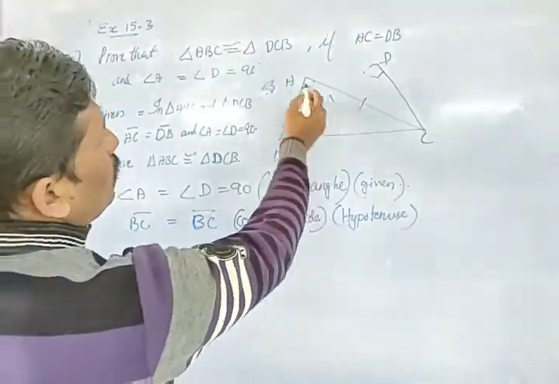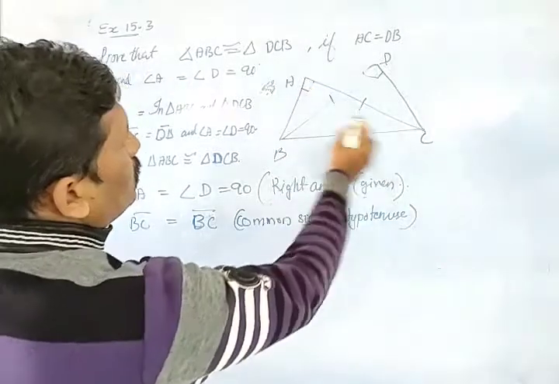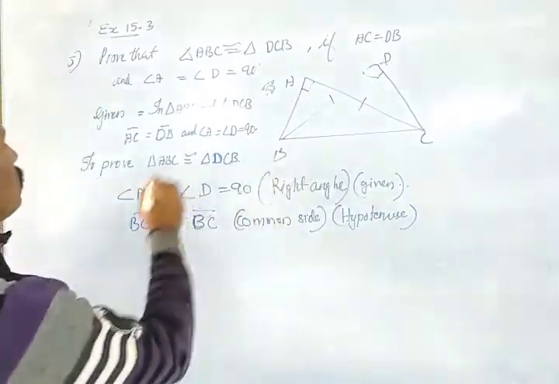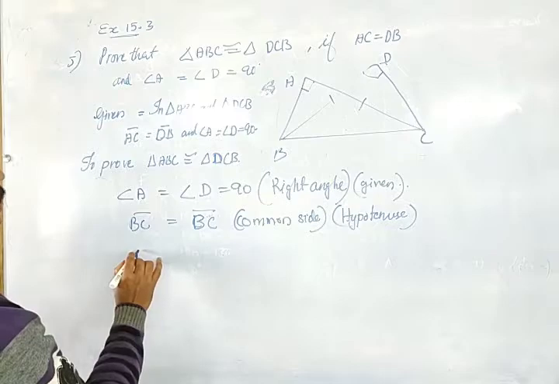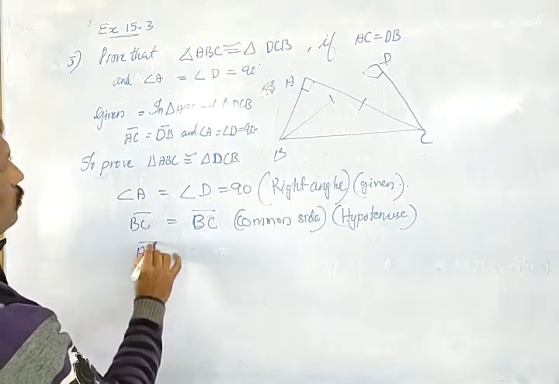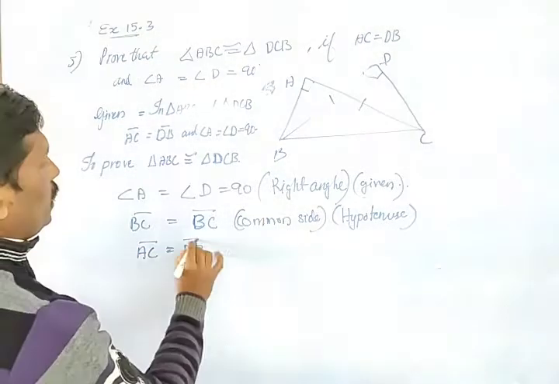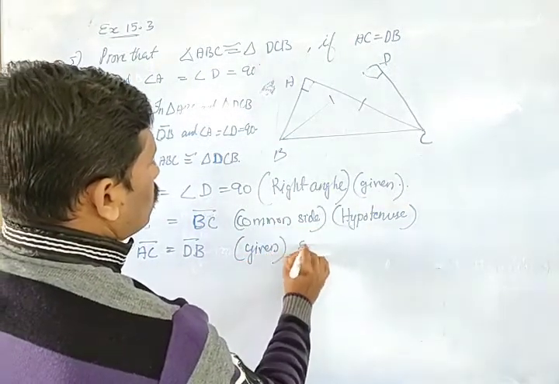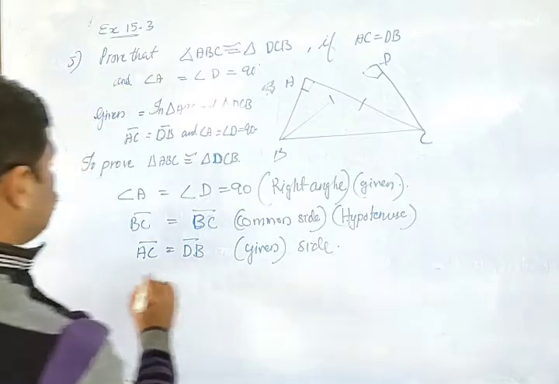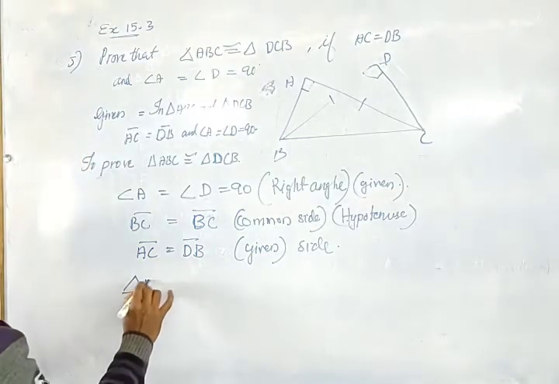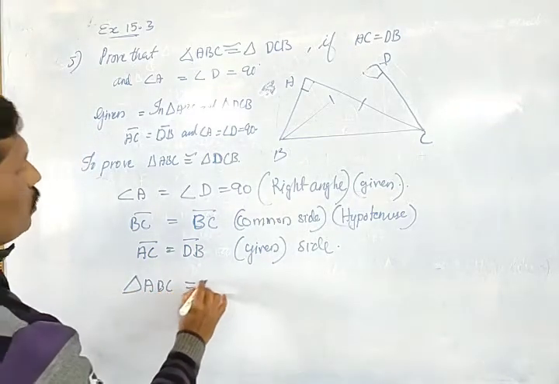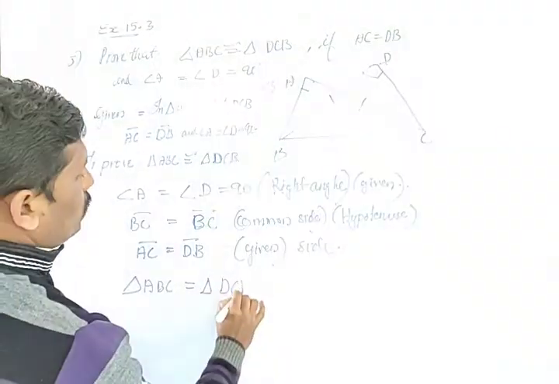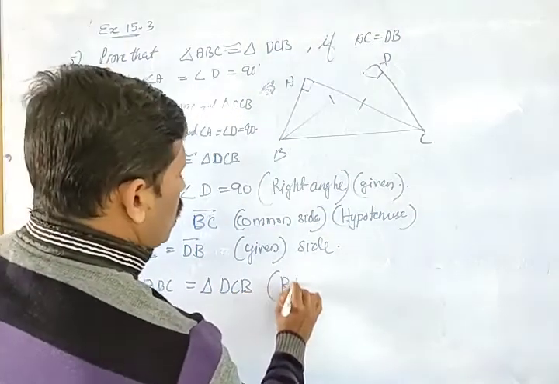And the next one, side AC is equal to DB. That is also given. So we can say that triangle ABC is congruent to triangle DCB by which condition?